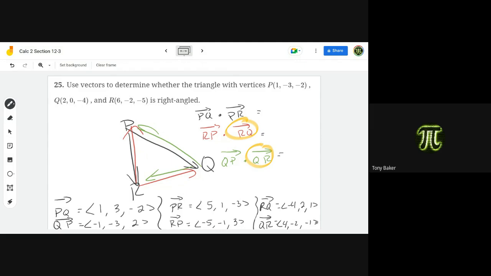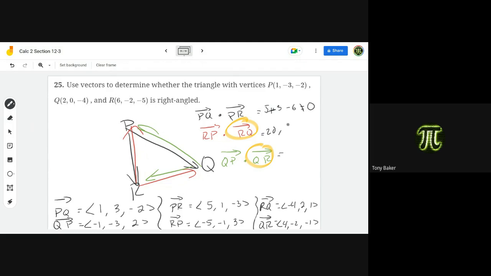Okay. So now I got all my vectors. Now we can do our dot product. So PQ times PR. So I've got 5 plus 3 minus 6, which does not equal 0. And I don't even care what the number is. I just know it doesn't equal 0. RP times RQ.